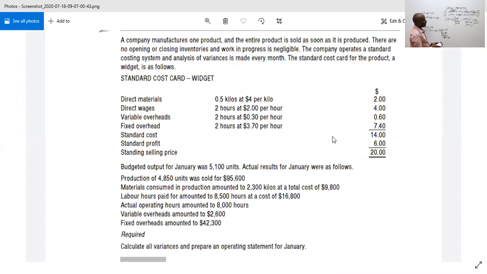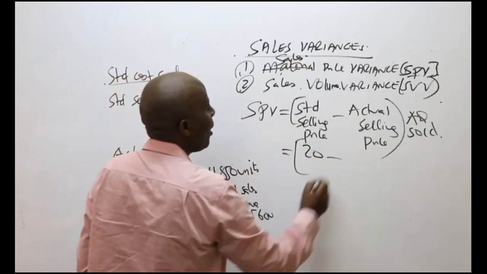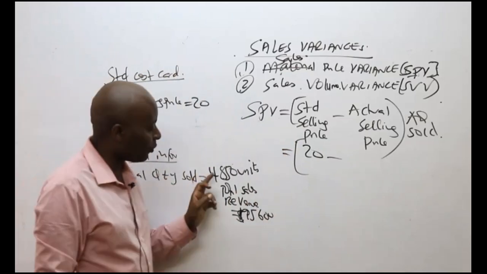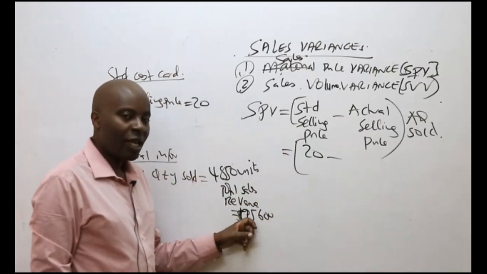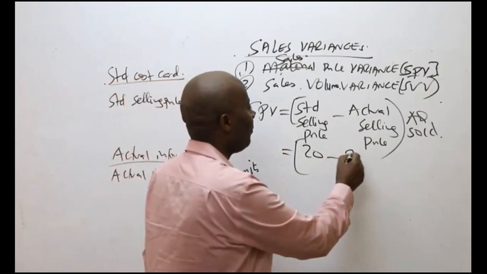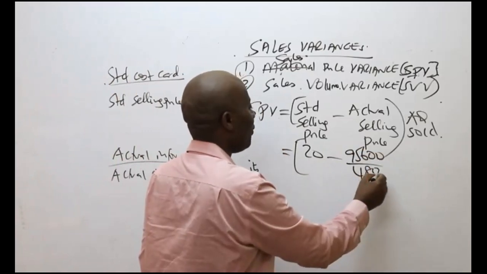Now, out of this, I'll be able to get my parameters very well. I will start with the standard selling price. The standard selling price is 20 minus the actual selling price. The actual selling price, I can see this 4850 units gave me this money. How about the money I was given by 1 unit? It will be 95,600 divided by 4850.